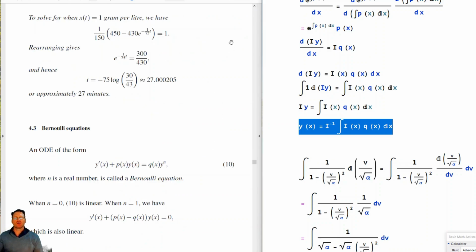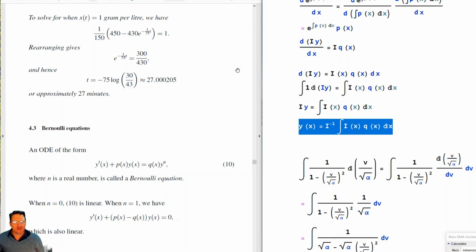Okay, so we want to solve the equation for when is x of t equal to 1 gram per liter. So then we have 1 over 150, 450 minus 430 e to the power of minus 1 over 75t is equal to 1. Now 150 is our volume there.